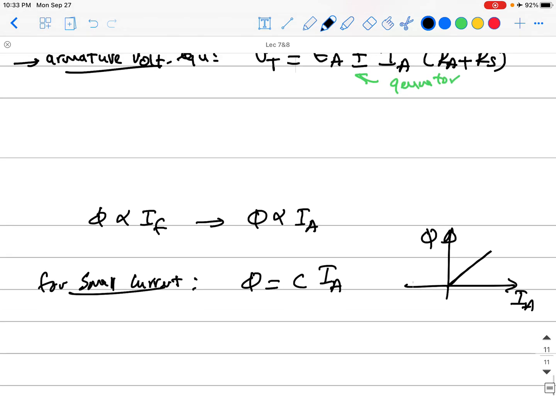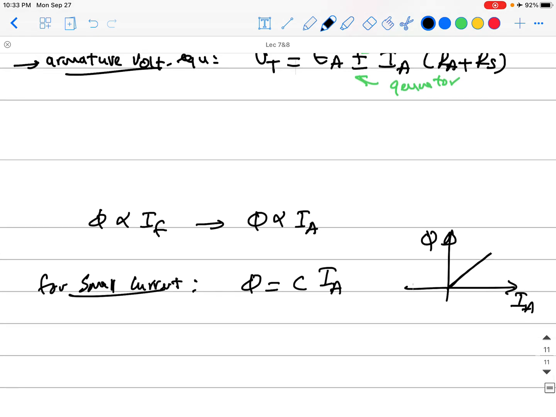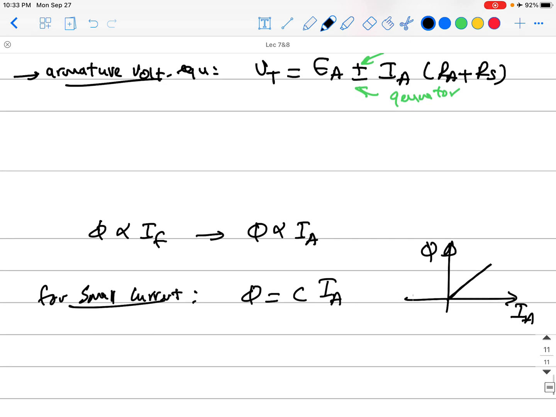Let's substitute this in the equation we had here. So V terminal will equal EA, the induced voltage of the armature, which equals K phi omega M. You should memorize this for now.